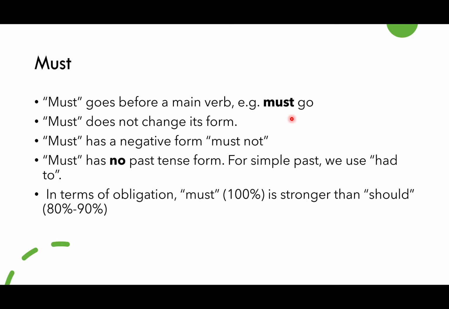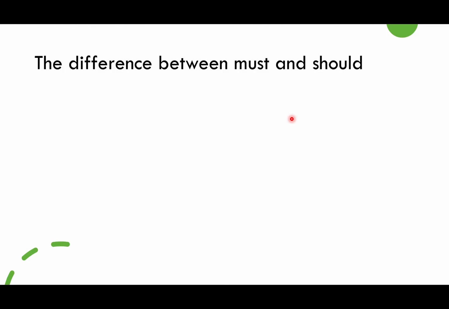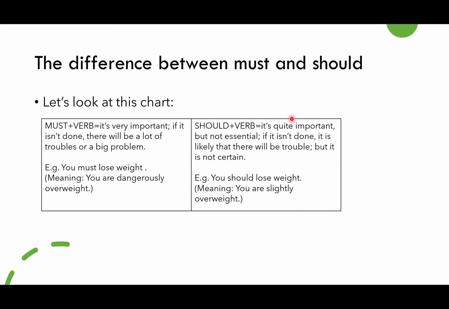In terms of obligation, must is 100%, stronger than should, which is 80% to 90%. The difference between must and should. Let's look at this chart. Must: it is very important.